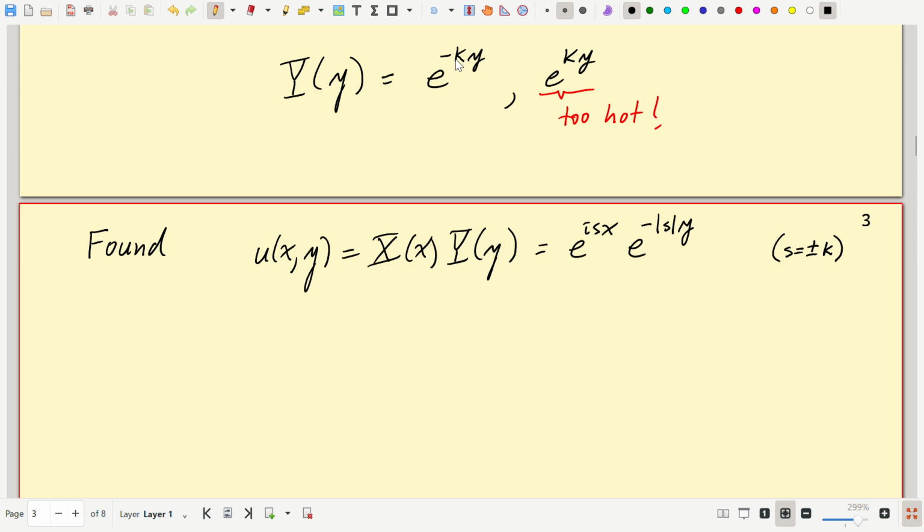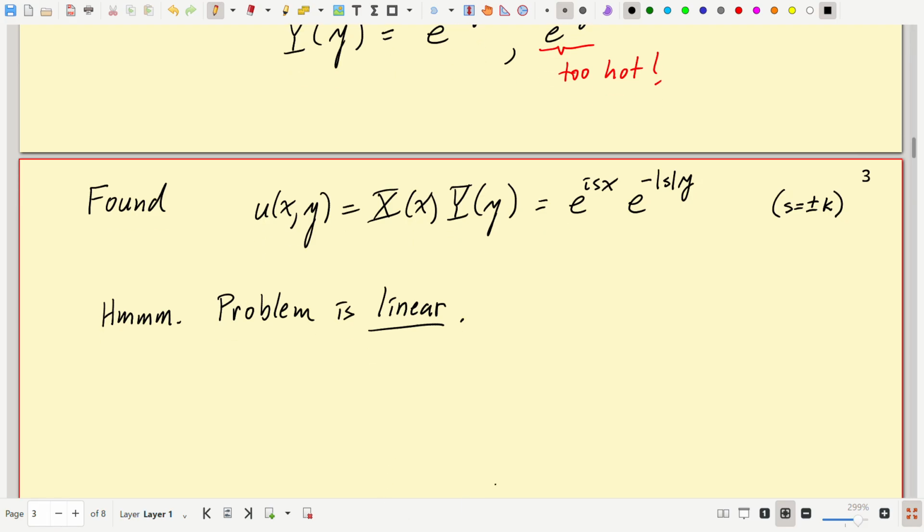That makes me think, what am I going to do now? Like we did in Fourier series, you get a bunch of solutions. Well, then you start taking linear combinations. So the problem is linear. So I can do the superposition principle. The Laplace equation is linear. So I can take linear combinations of lots of these functions.